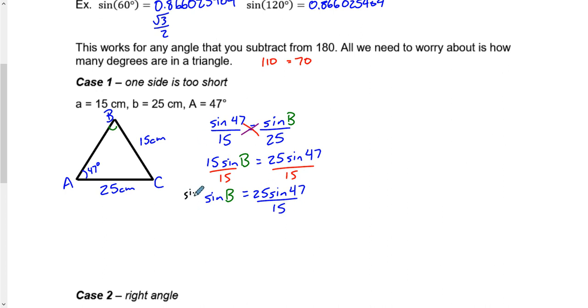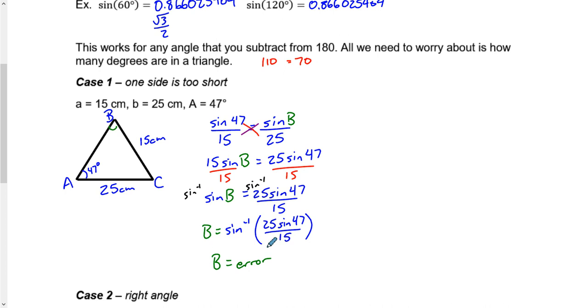Taking the sine inverse, but when we type in the sine inverse of 25 multiplied by the sine of 47 divided by 15, obviously making sure that we're in degrees, we get an error.